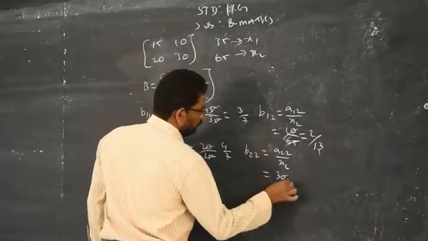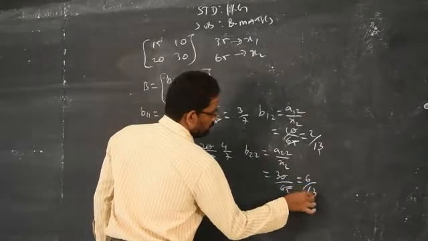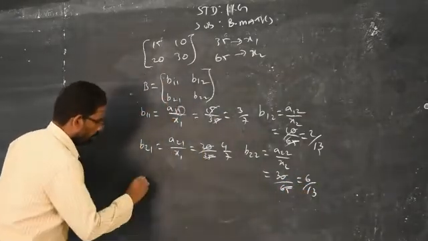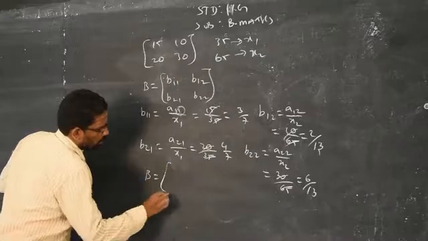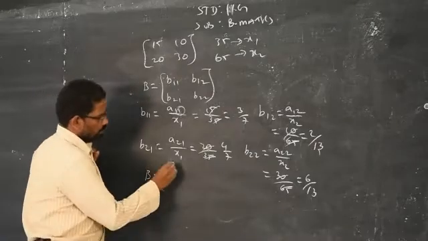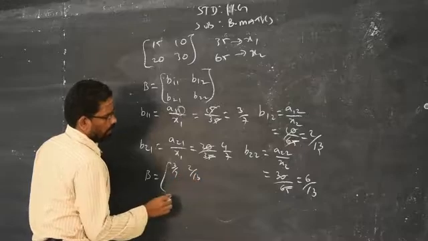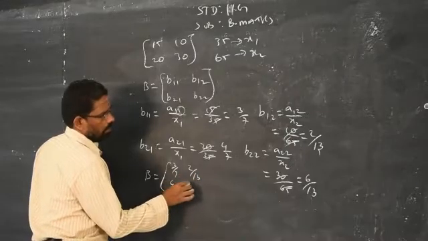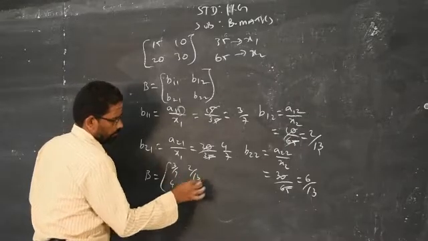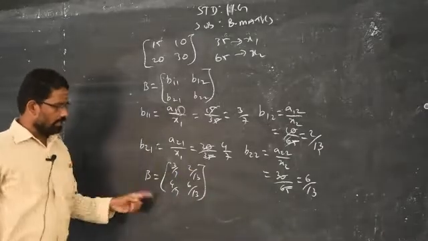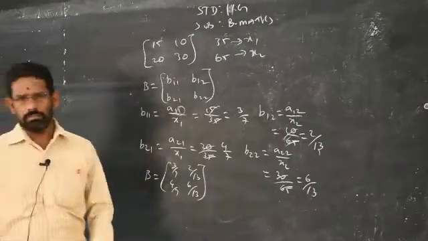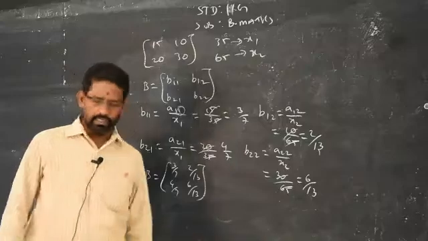Again 5 table, 6 times, 13 times. So B, that is the technology matrix, is equal to 3 by 7, 2 by 13, 4 by 7, 6 by 13. After that you have to follow the previous model and you will get the answers.